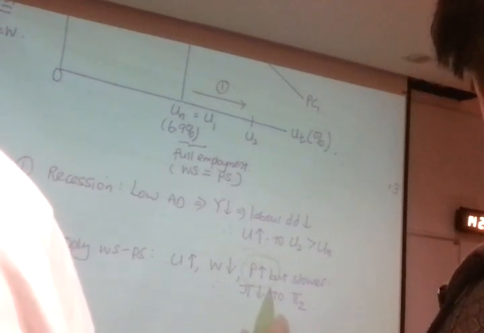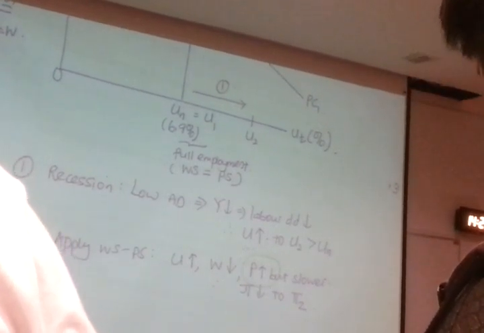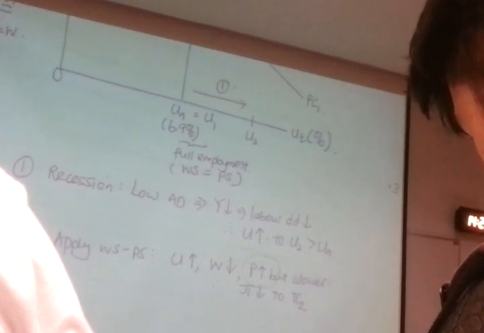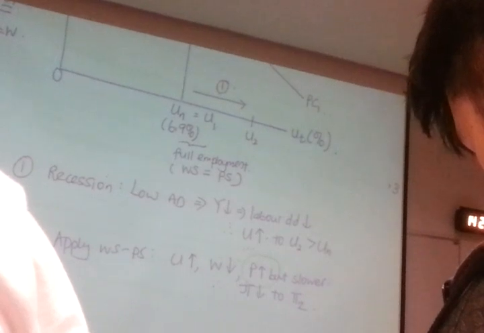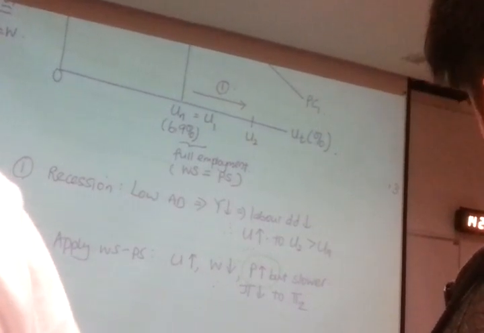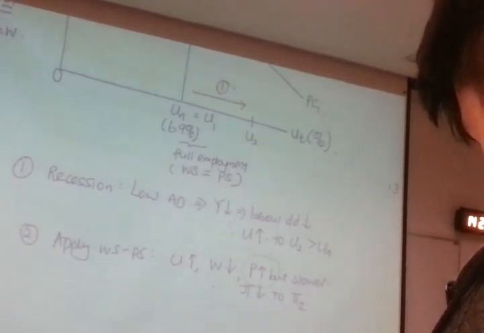Right? Don't happily say price drop. Price drop is deflation. It's terribly harmful. Prices still go up because of oil and food prices. But slower because wages slow down. So you go to the diagram.